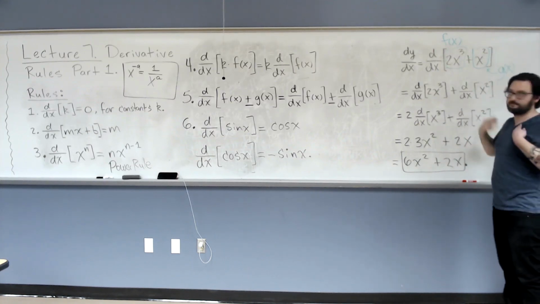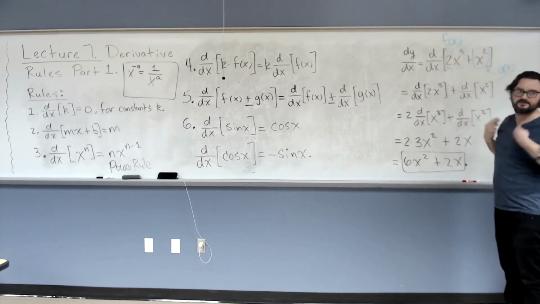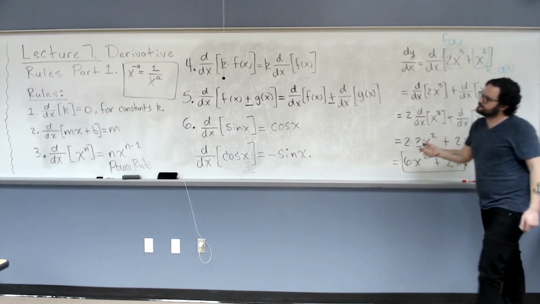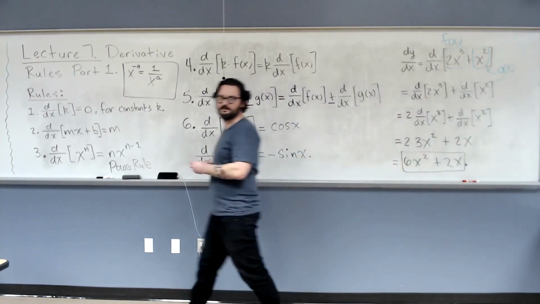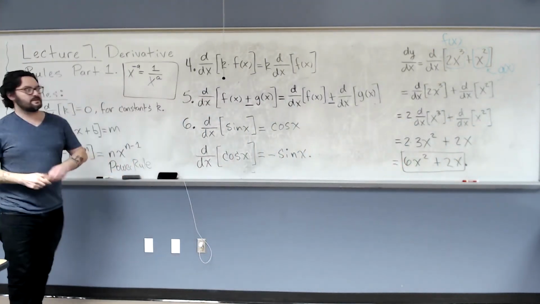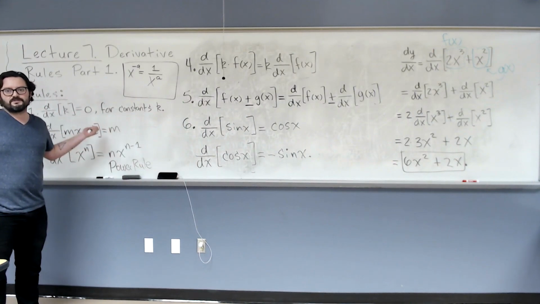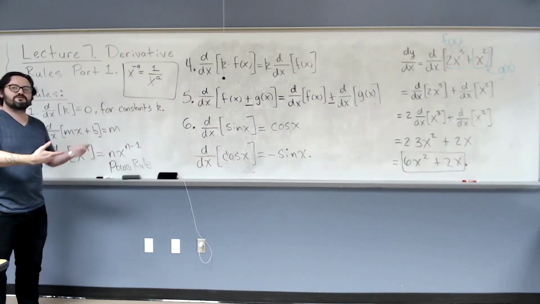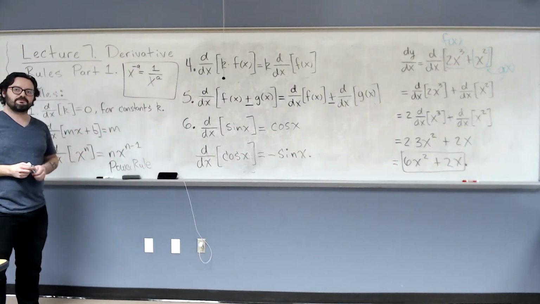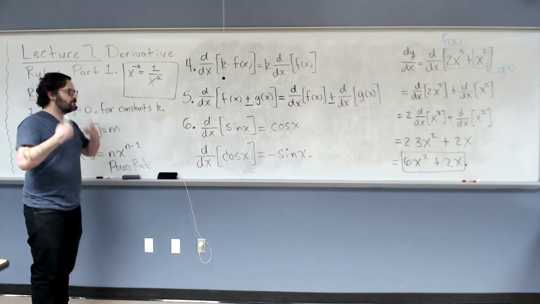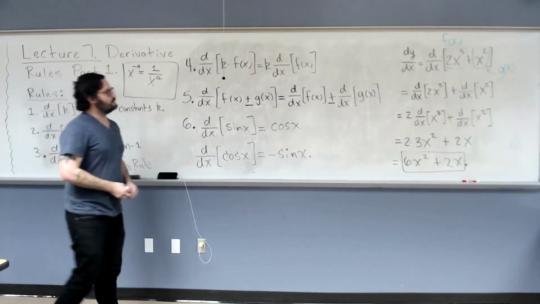If I let f of x be that and g of x be that, then it looks exactly like this equation here. So then I can use that equation. It just depends on how you choose the notation, or how you use the notation.